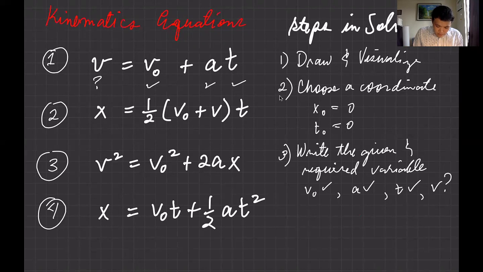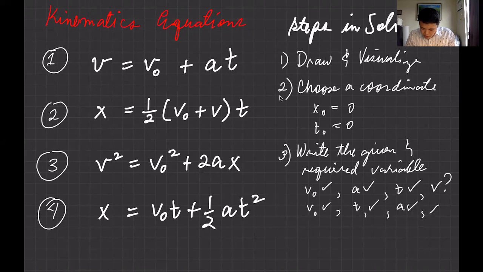What if initial v naught is given, time is given, and let's say acceleration is given, but you're asked to find the displacement. What equation are you going to use?